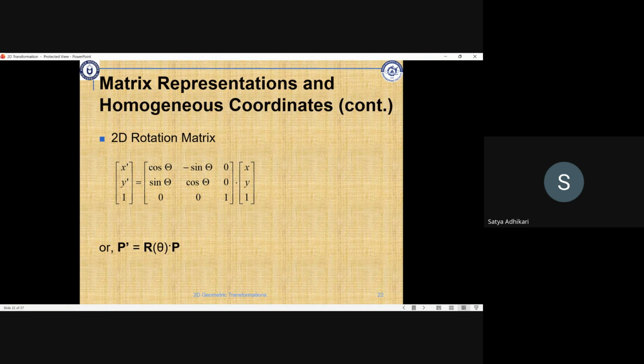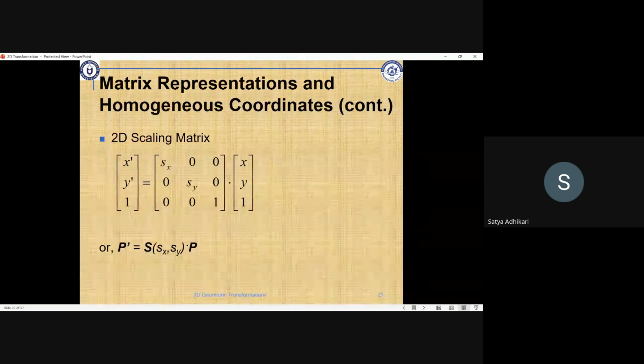Similarly, the scaling matrix. If you see the scaling matrix in the previous slide, you will get a 2 cross 2 matrix. But it is a 3 cross 3 matrix. You see, I have added an extra row and extra column, the last row and last column.